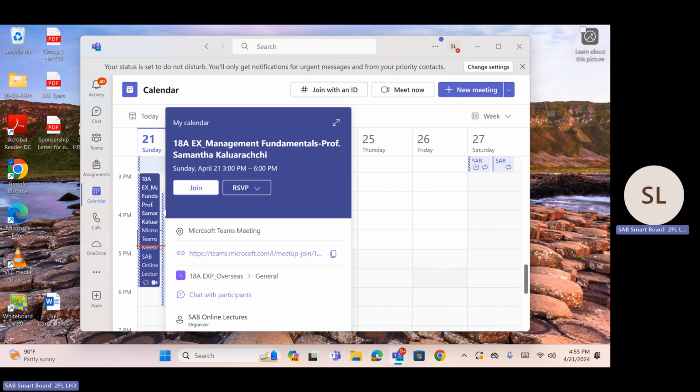The decision making models: the rational model, the administrative model, and the political model. The personal styles of decision making: the directive style, the analytic style, conceptual style, and behavioral style. Last thing is the non-moving decisions.